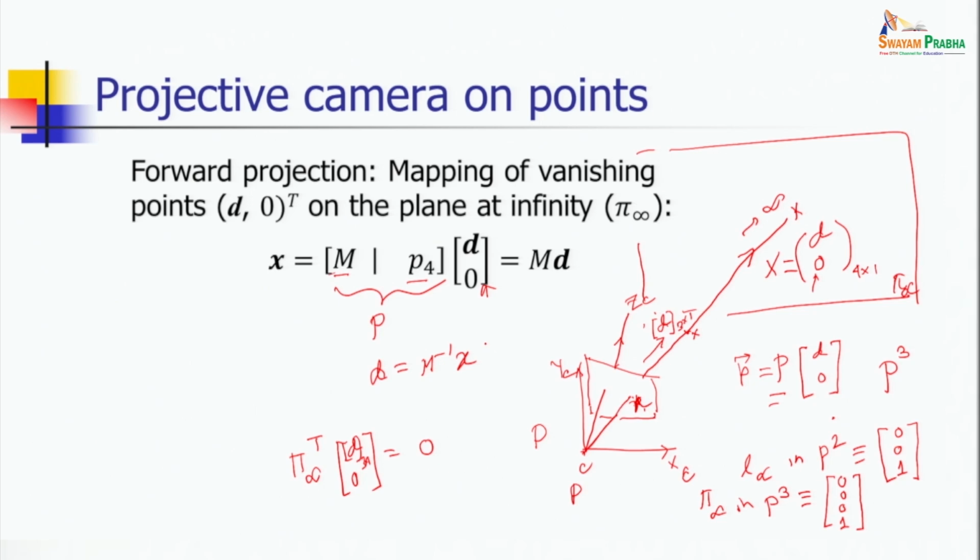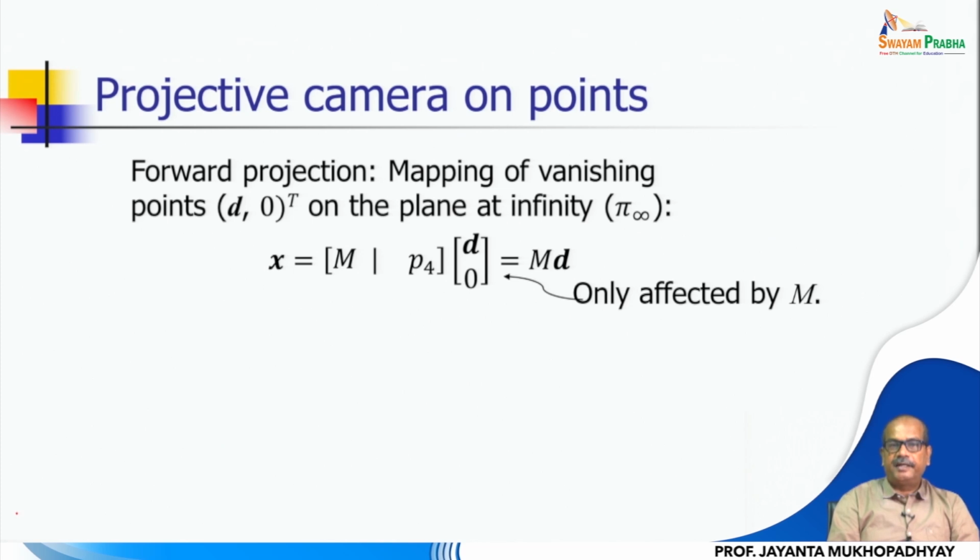So, this is a direction ratio, and as you know, to define a straight line, you require a direction and a point in the three-dimensional space, which is already given by the camera center. We also note the fact that the projection of any point lying on the plane at infinity, which is denoted by the respective direction, is only affected by the parameter M, which includes the rotation matrix, but not by the column vector P4, which actually contains the translation vector.